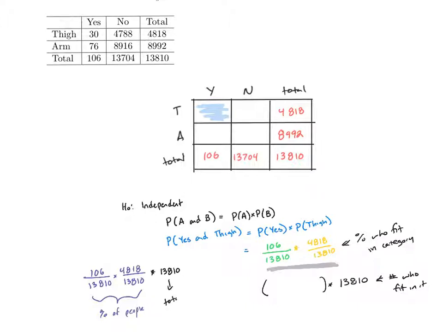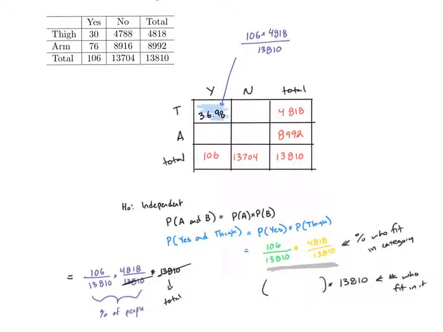So if I take the percent times the total, I'll get the number of people who fit in that category. Now I can actually simplify this algebra, and that is, you notice how I have a 13,810 at the end here? I can use that to cancel one of these, which means, in reality, this number right here, I could find it by taking 106 times 4,818, all divided by 13,810. Or if I'm going to go ahead and round, 36.98 to 2 decimal places.